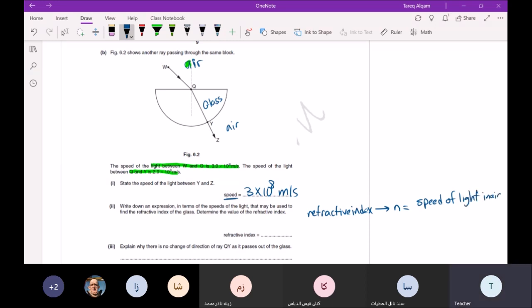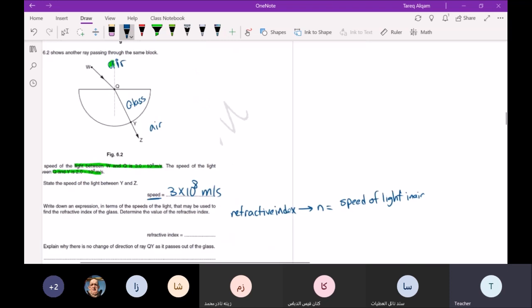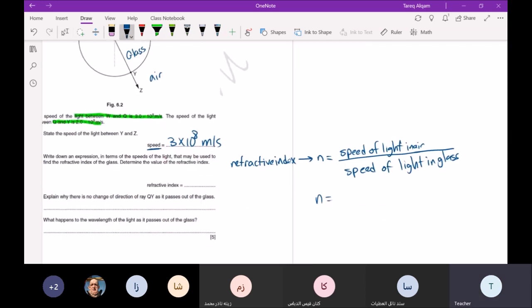Guys, when I finish this question, I will finish the class. So n equals 3 times 10 to the power 8, the speed of light in air, over the speed of light in glass, which is 2 times 10 to the power 8. This will be 1.5.